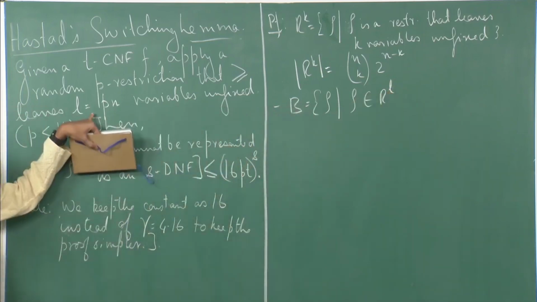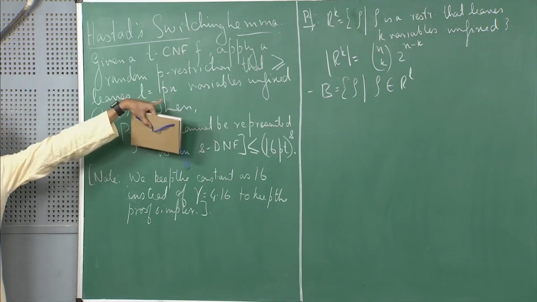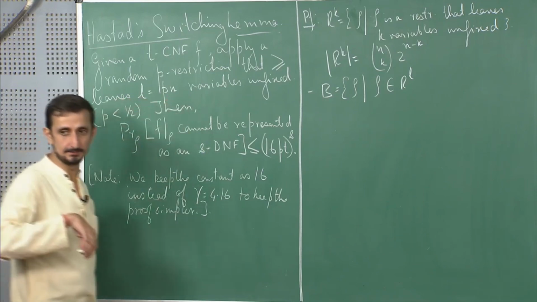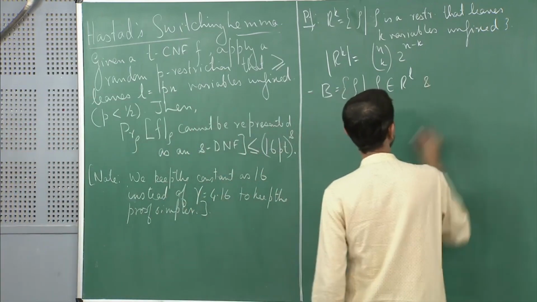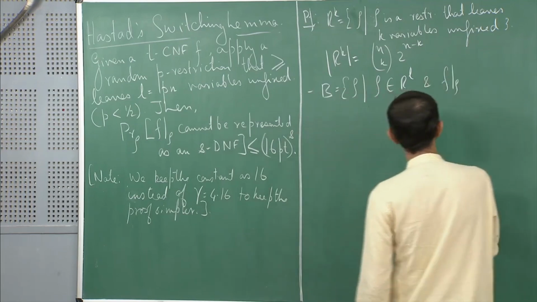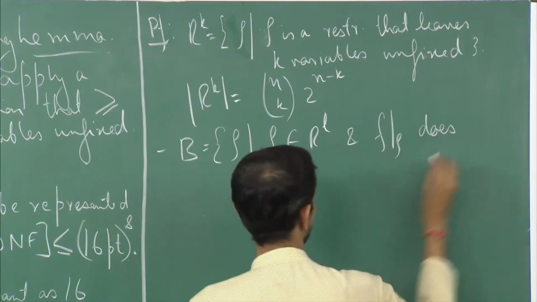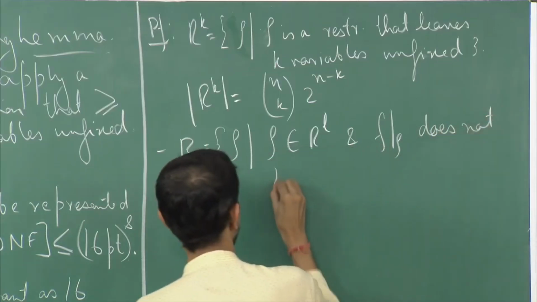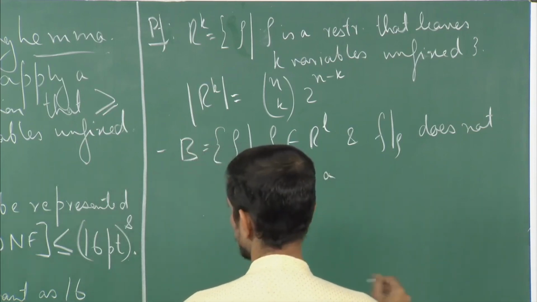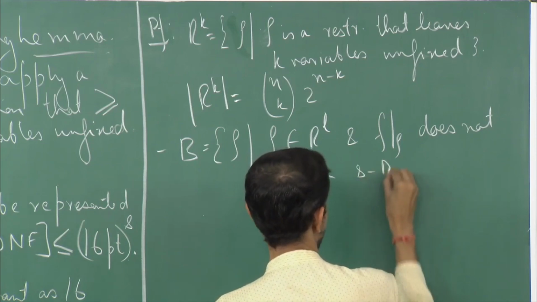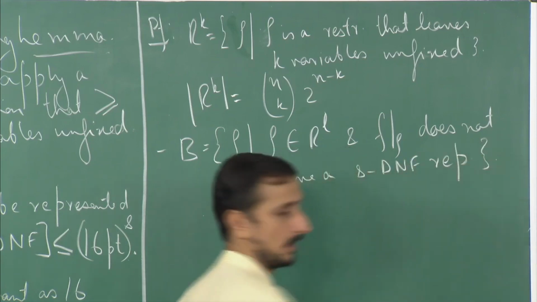Just remember l is the number of variables that we are leaving unfixed in our lemma; it is a variable given by the lemma. Okay.